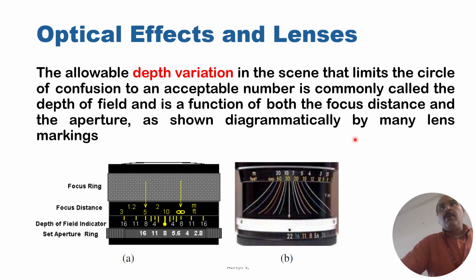Those who are interested in photography might have used this kind of camera, and you have that variation shown in the diagram. It depends upon the size of the image that you are taking.